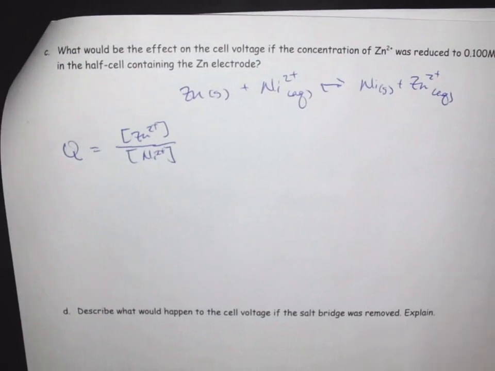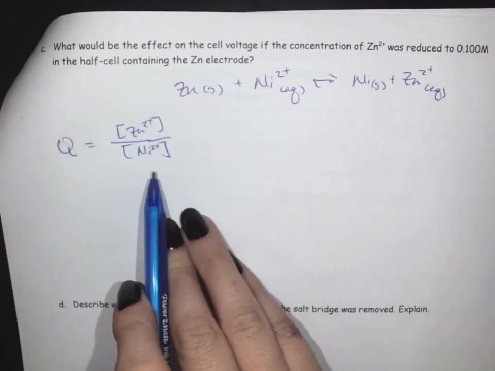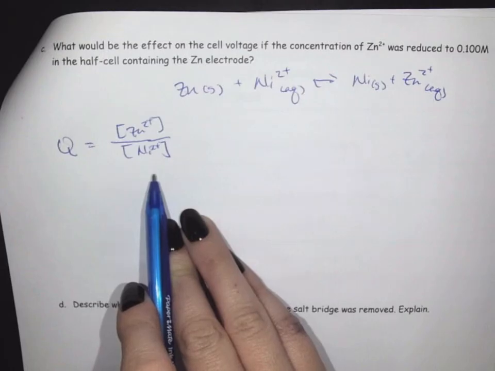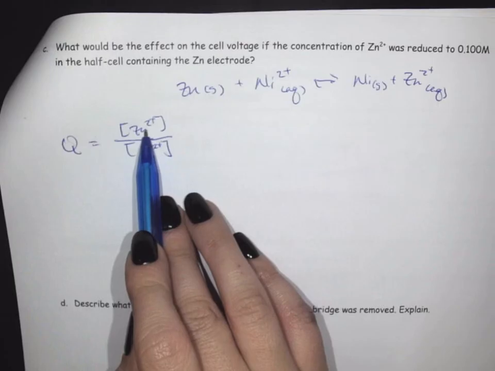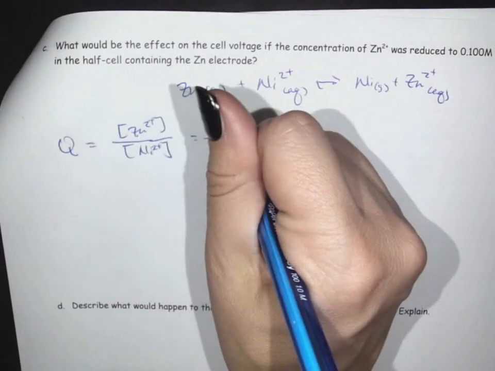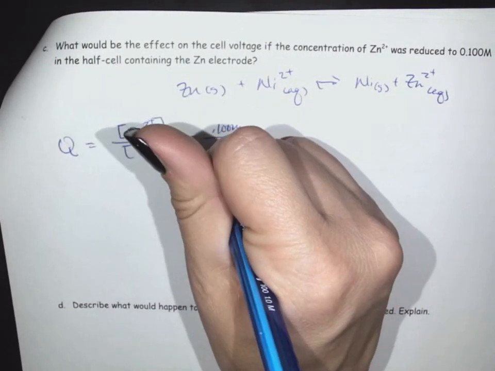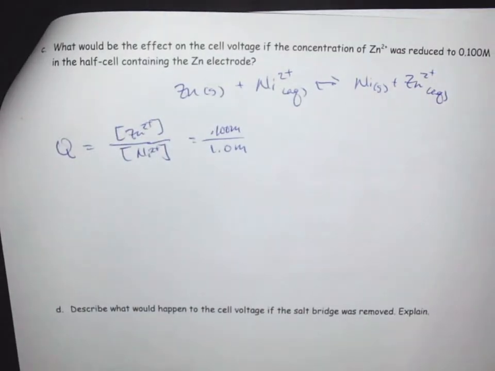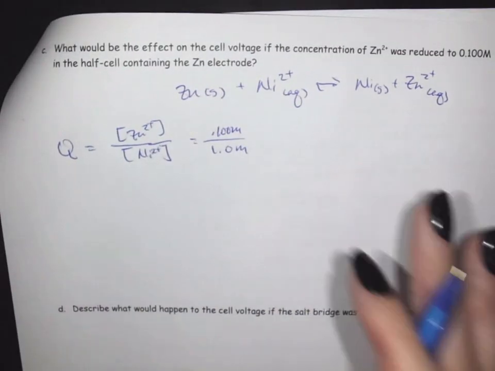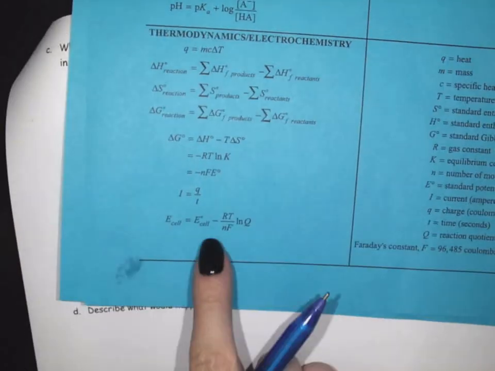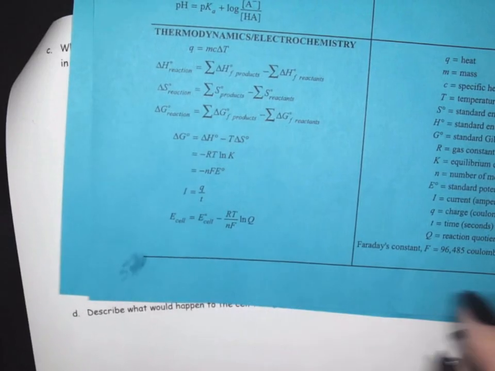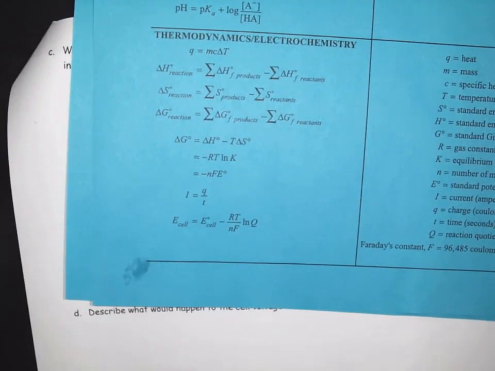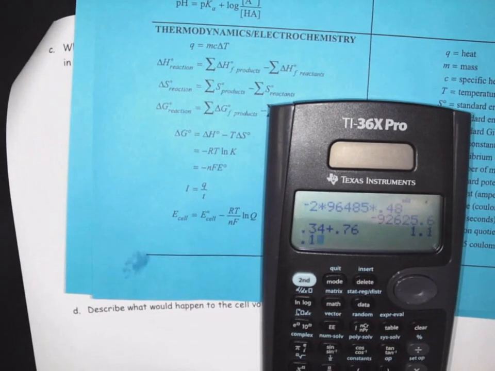Now, it started off where both of these were 1 molar, but now the zinc is reduced, so this is 0.1, and this didn't say anything about changing, so this is probably 1. We saw right here that Q will influence the voltage of this new cell. So we have 0.1 divided by 1, which would be 0.1.